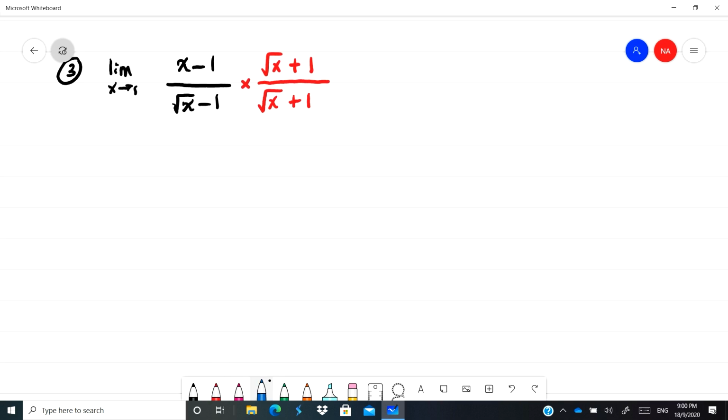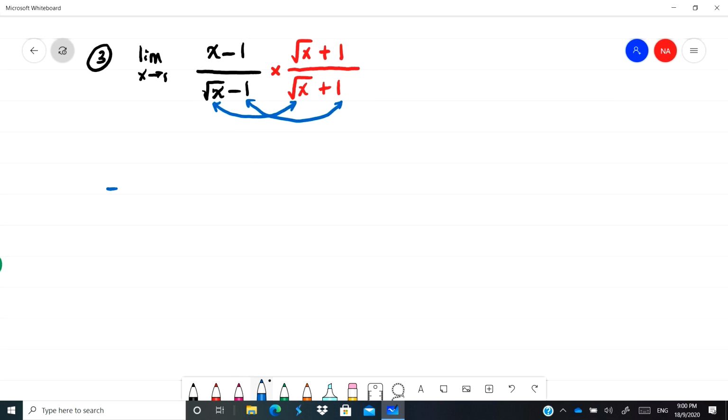And remember, we have to expand or simplify the one at the denominator in this case. So this one multiplied with this one, and 1 multiplied with 1. We have not substituted the value of x with 1 yet, so you write the limit as x approaching 1.